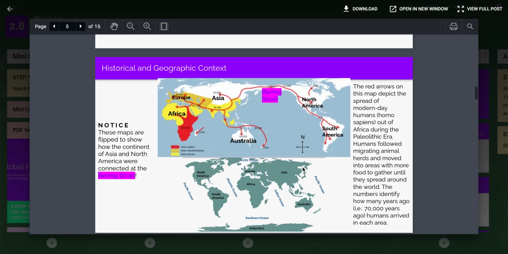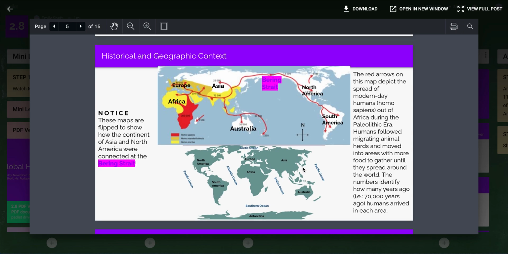So let's refresh ourselves from what we learned on Friday as to how humans arrived in the Americas to begin with. As a reminder, the first reason is that people migrated following herds of animals from Africa north into Europe, east to Asia, and continued northeast across the Bering Strait, then headed south from North America into South America.